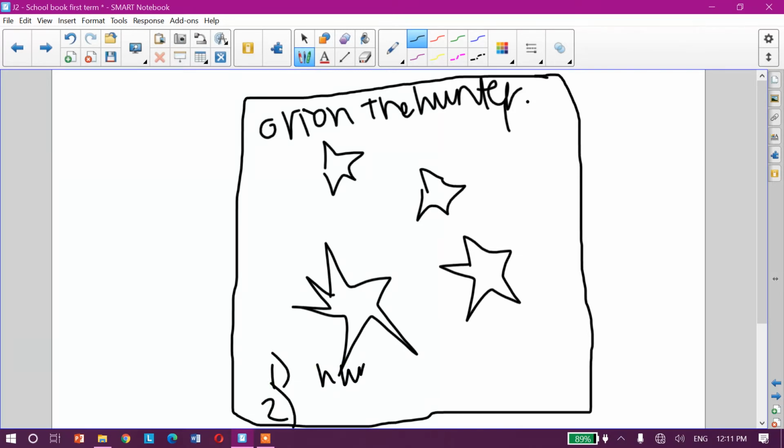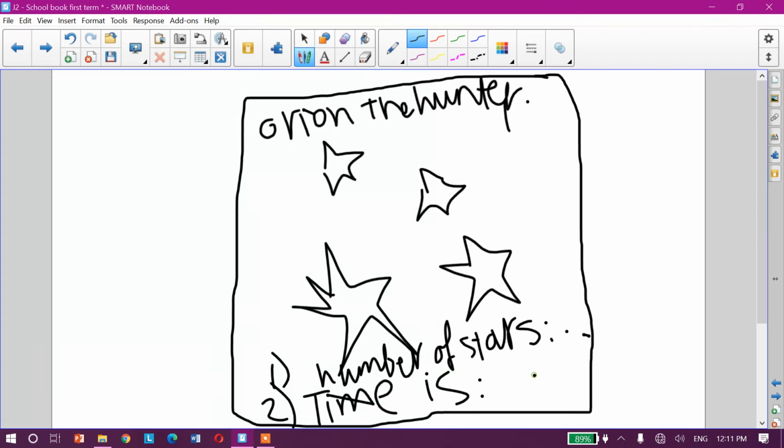Number of stars in the constellation is dot. You will give me the answer. Number two, the time when this constellation appears is what, and you will write it in digital form.